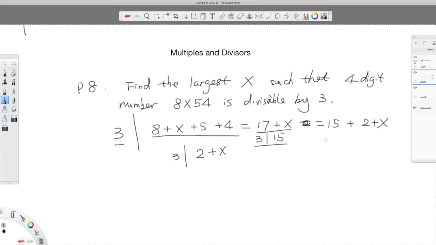Using that property, the whole thing is a multiple of 3 if and only if 2 plus x is a multiple of 3. So x cannot be 9, because 9 plus 2 is not a multiple of 3, but 7 works. So the largest value is 7.